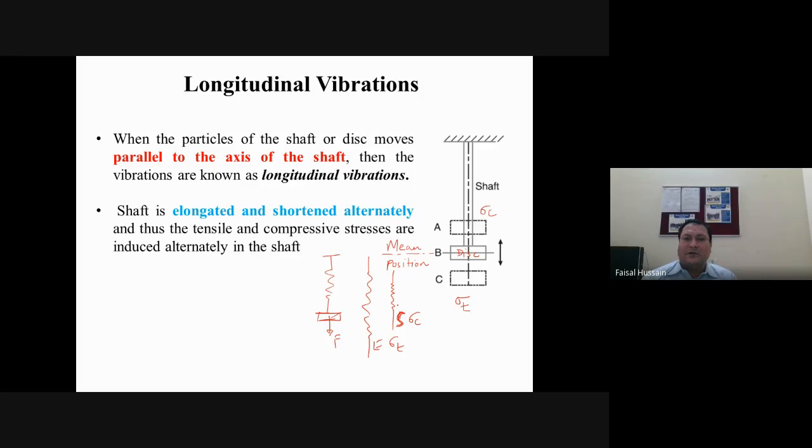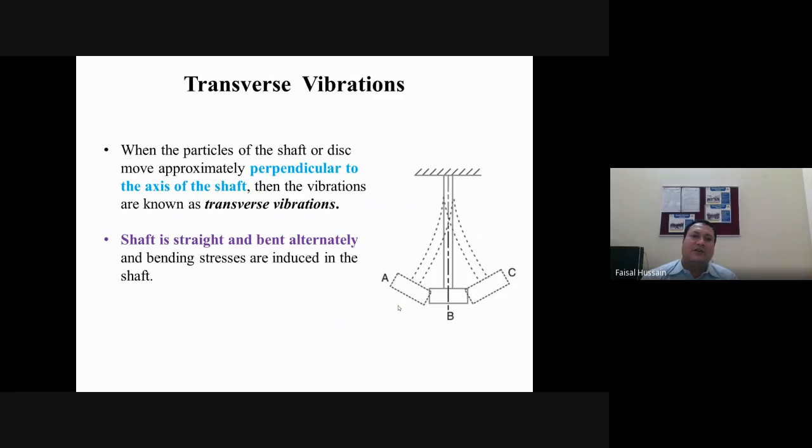In such vibrations, the particles of the system move parallel to the axis of the shaft. The second one is transverse vibration. In transverse vibration, the particles of the shaft or disk move approximately perpendicular to the axis of the shaft, and the vibrations set up are known as transverse vibration.